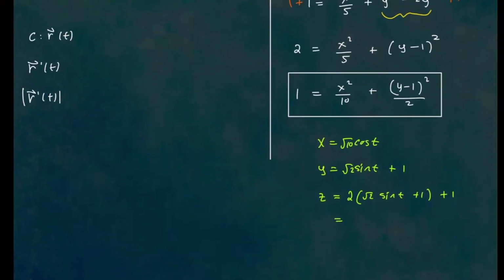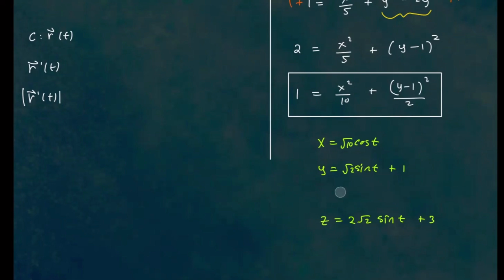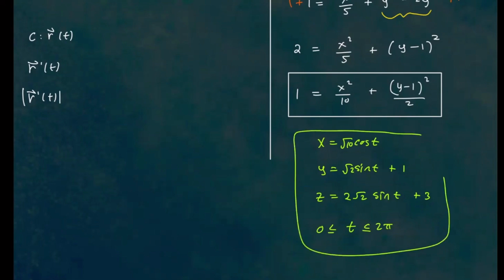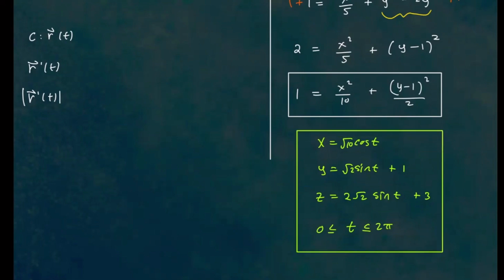And then this simplifies to simply 2 square root of 2 sine of t plus 3. So that is our parameterization for z. Let's just put that right here. And our bound on t will be from 0 to 2 pi, the entire curve. All right, so that is our parameterization for the curve of the intersection. This is for the curve C.